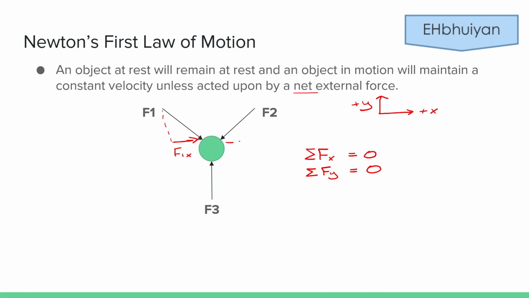And similarly, F2 is pointing down and to the left. So there's an x component of F2.